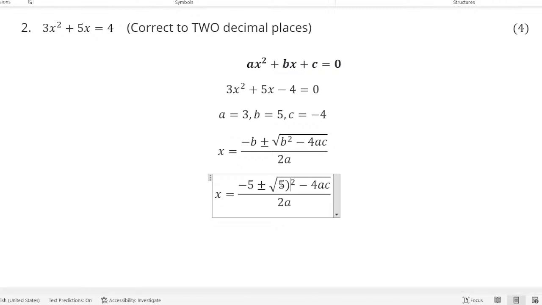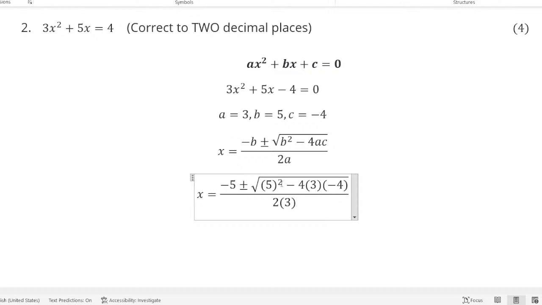Let's put the brackets so that we don't make mistakes. Minus 4 into the value of a. The value of a is 3, into 3, into c. The value of c is negative 4. Then close the brackets, divide by 2a. So the value of a is 3.